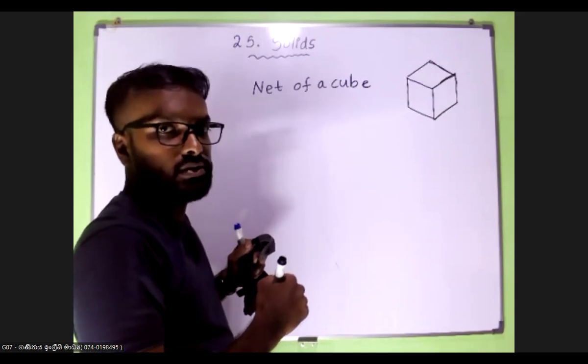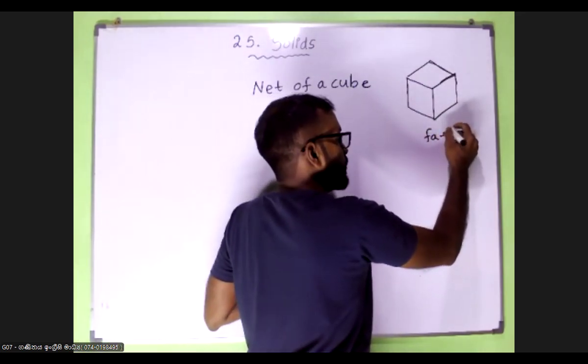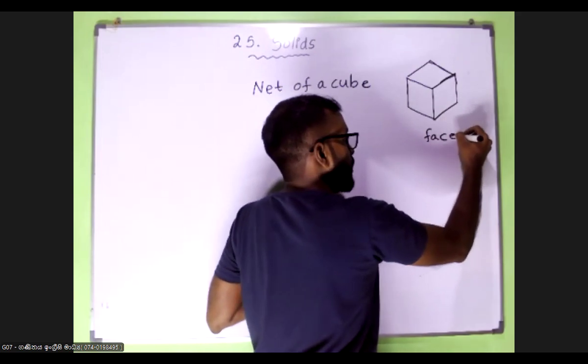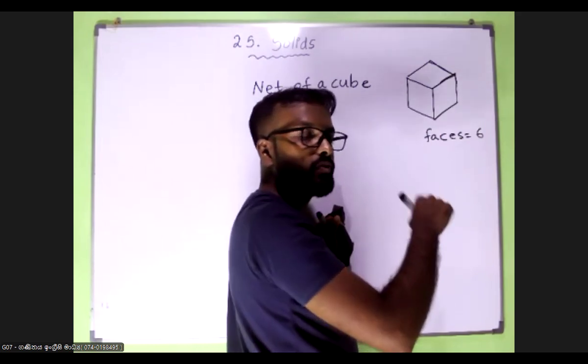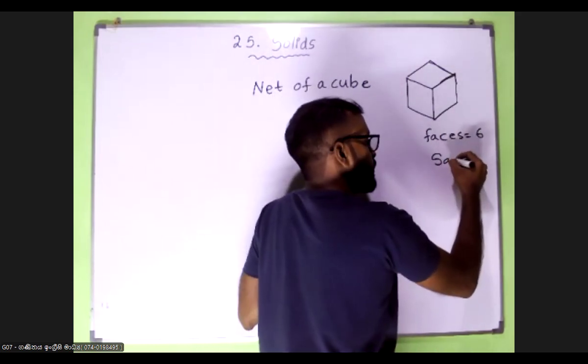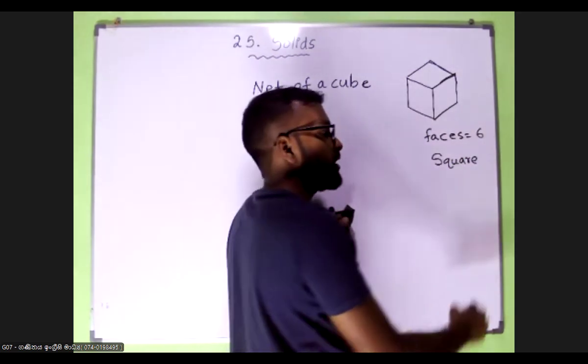How many faces are there? Now you can remember, six faces. All the six faces are square shape. So what is a square?